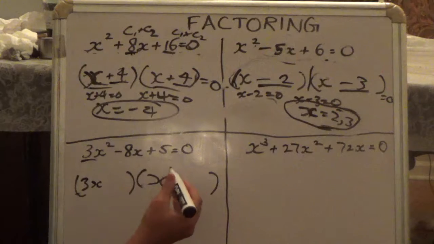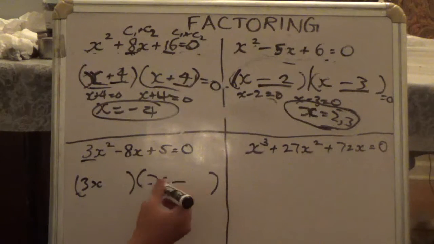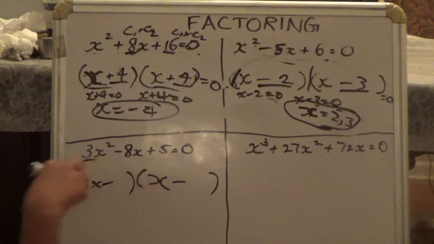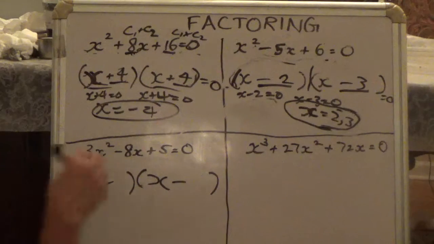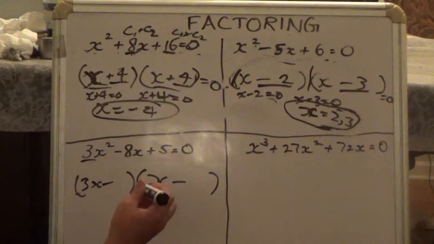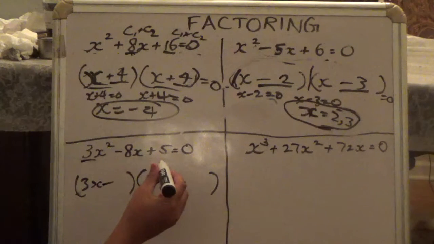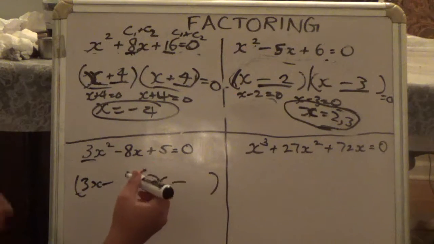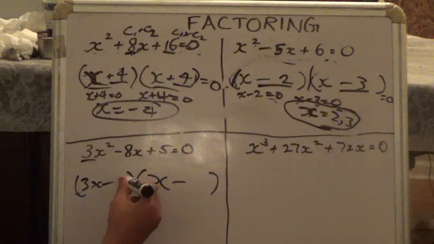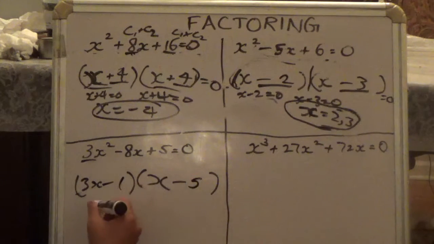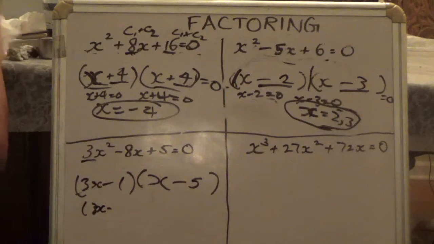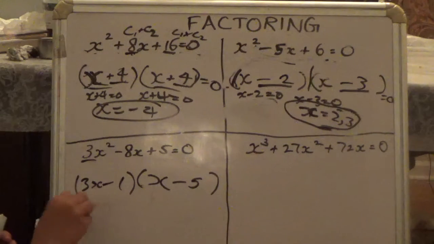So we can safely put minus signs here. Now the actual number. Let's just guess and check. 5 has two possibilities: 1 or 5, so 3x minus 5, x minus 1.